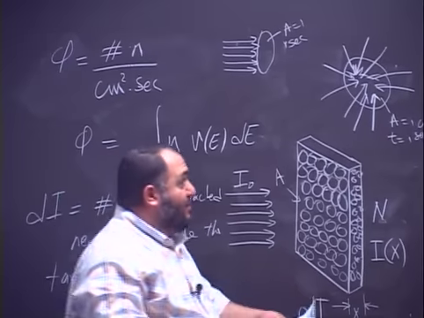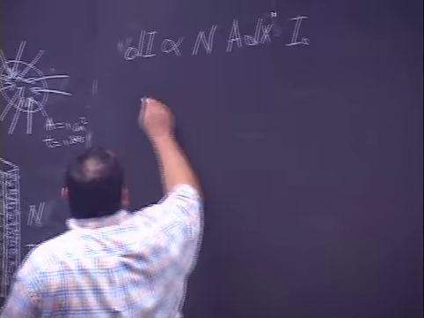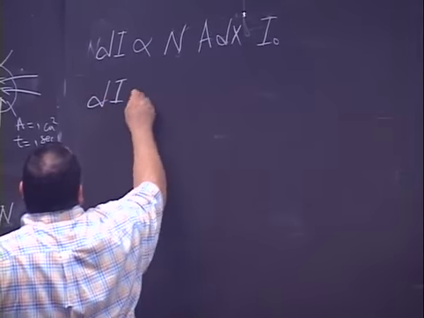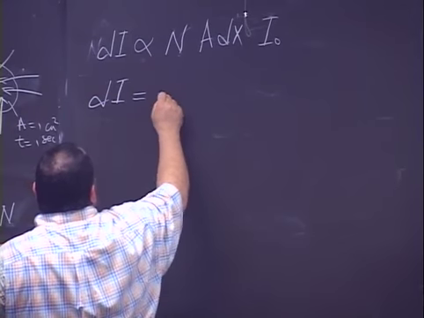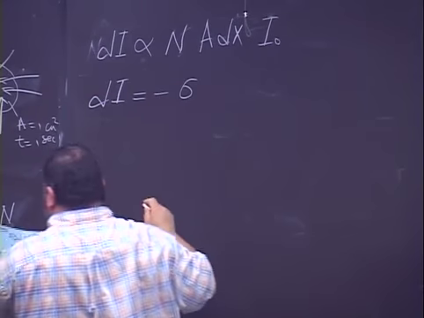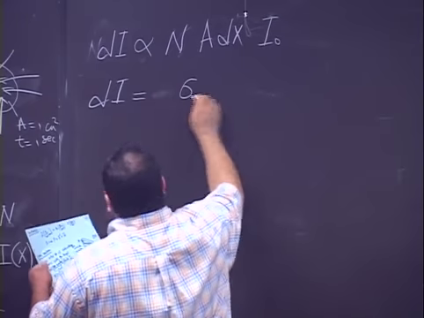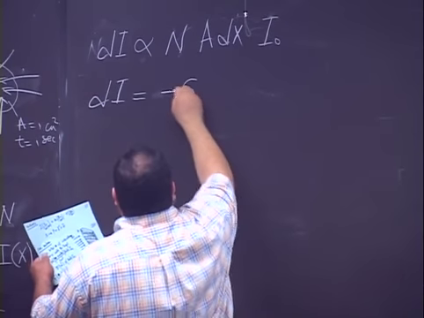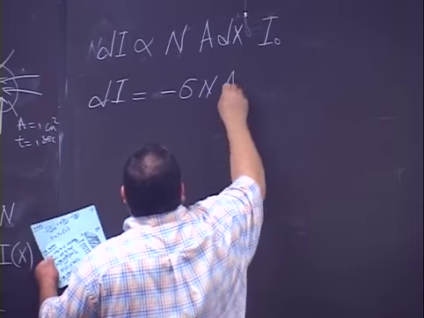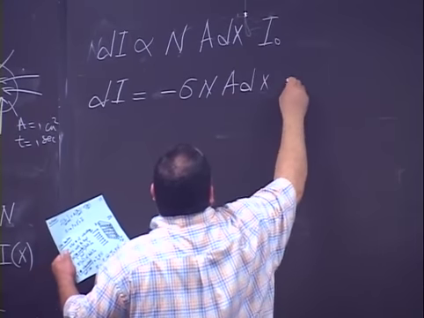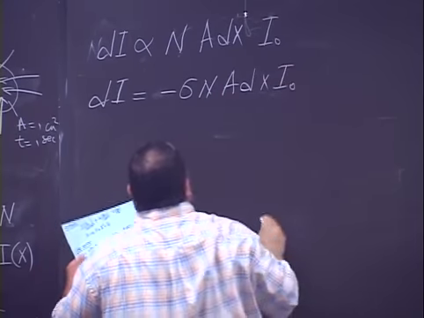So this is very normal. So we can remove the direct proportionality and put negative sigma N A dx I naught.